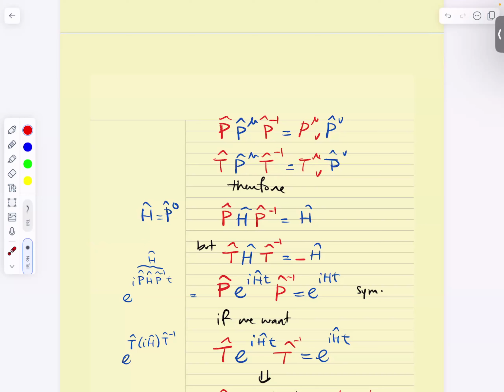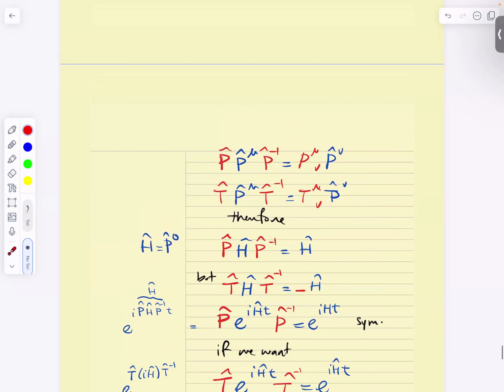Good? Everybody is with me? So I just said I'm writing them down. So now notice that under parity, the Hamiltonian is preserved. Under time reversal, the Hamiltonian picks a minus sign. That sounds bad, maybe. Why might that sound bad?